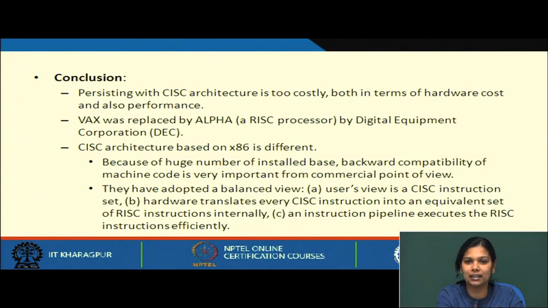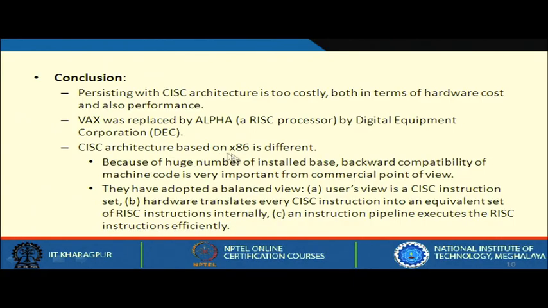If backward compatibility is required, the instructions you had earlier should still run, along with which you can also execute other instructions. Because of that, x86, which is a CISC machine, is still very important, and they have adopted a balanced view.